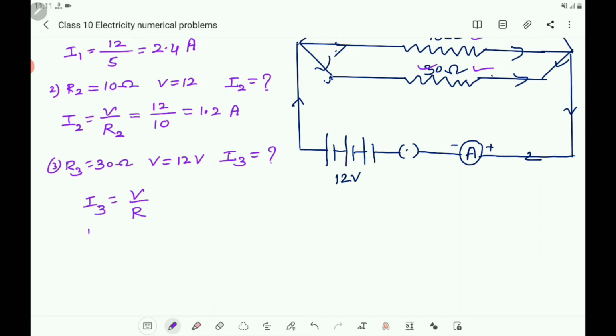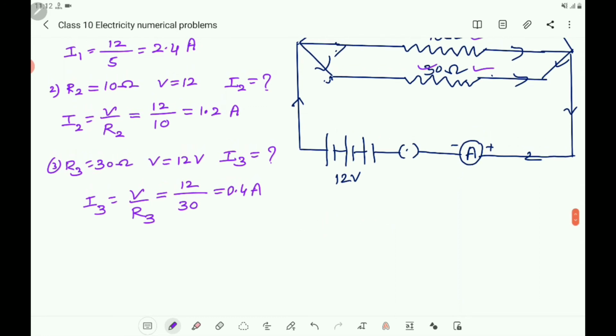I3 equals V by R3, which is 12 divided by 30, that is 0.4. So 0.4 amperes of current is flowing through the resistor of 30 ohm.